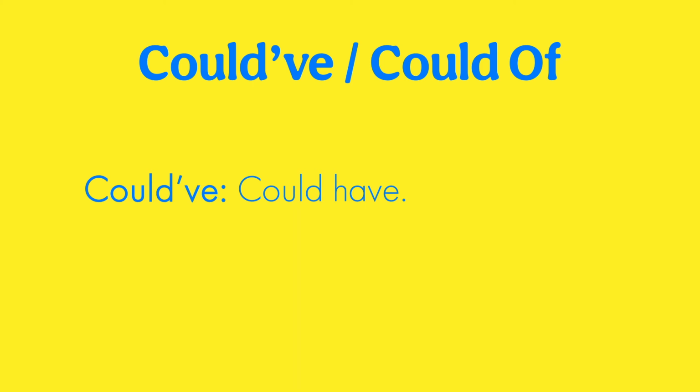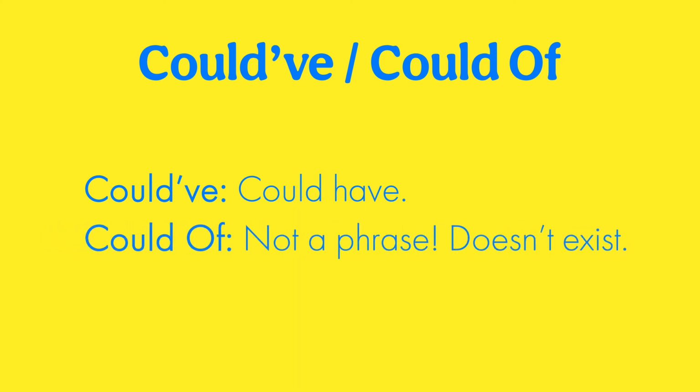Could of, so C-O-U-L-D and then O-F as the next word, is actually not a phrase that you can use ever. It's not grammatically correct. It's what we hear with our ear, so that's why the test tries to trick us and have us choose could of, but it's actually not true. Could of is not a grammatically correct response. You have to use the contraction could have, which is could've, C-O-U-L-D apostrophe V-E.